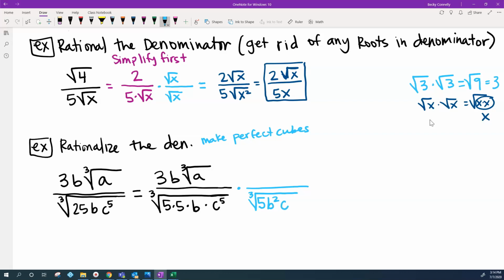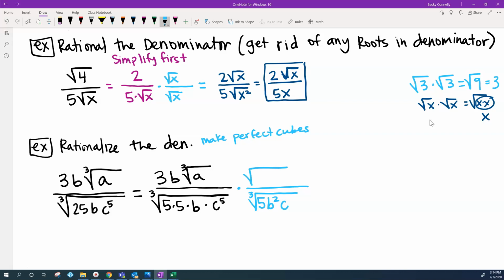Yeah, just 1, because that's going to give me c to the 6th, and c to the 6th is going to have 2 groups there. So that's how I figure out what I'm multiplying by on the bottom so it won't have a root there.